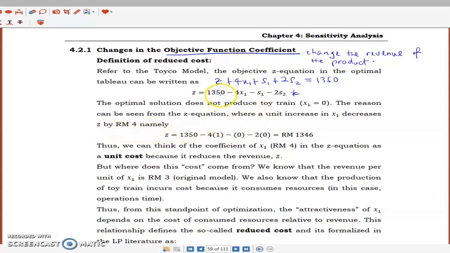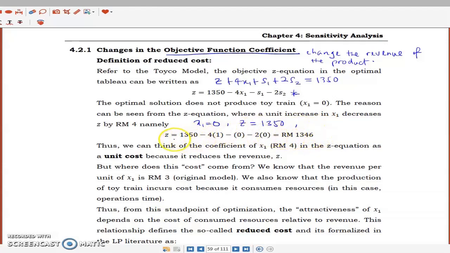We can see from this equation, when there is no production of toy trains, the company gains a profit of 1,350. But if the company produces 1 unit of toy train, the profit or the revenue will reduce to 1,346.